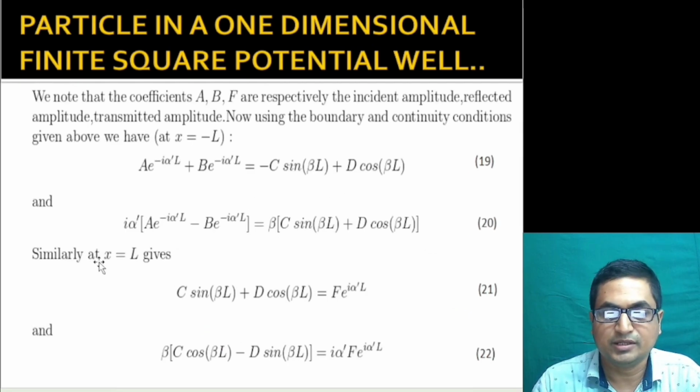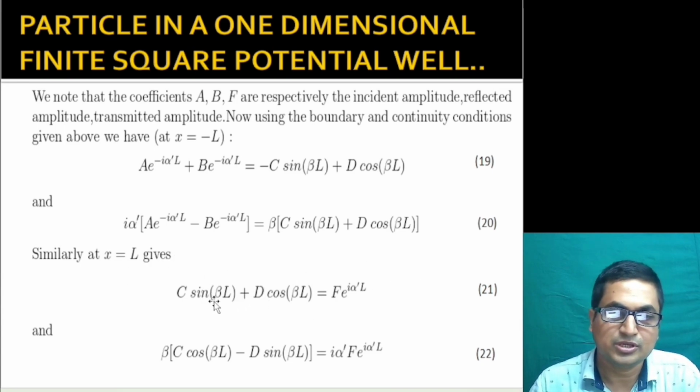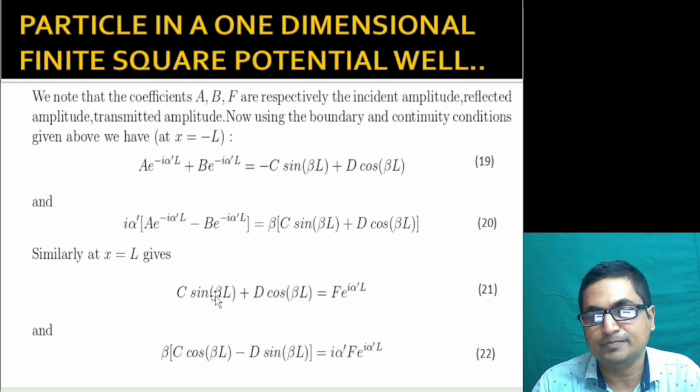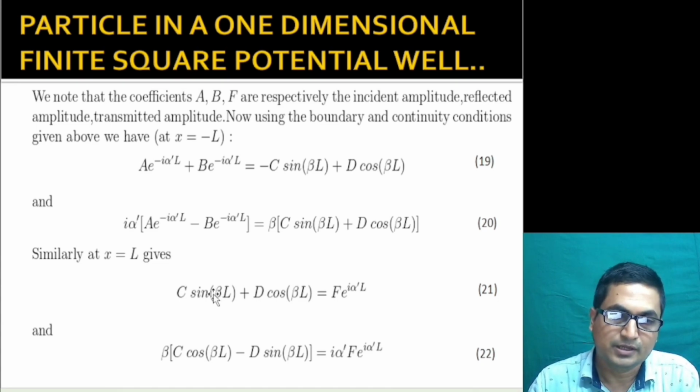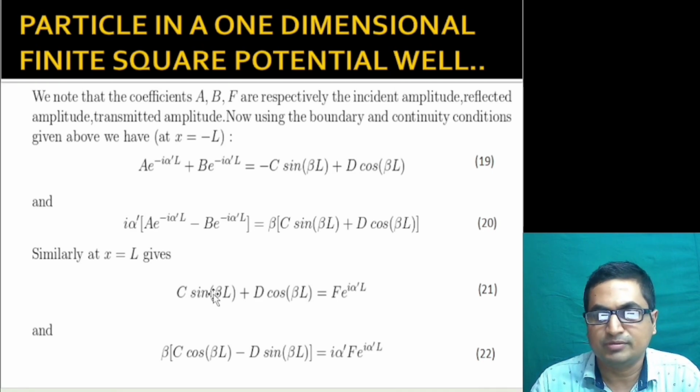And then similarly at x equal to L, this is the boundary between region 2 and 3, where using these boundary conditions, u2 equal to u3, that is, the wave function in region 2 is equal to the wave function in region 3, and the first derivative of the wave function in region 2 is equal to the first derivative of the wave function in region 3.